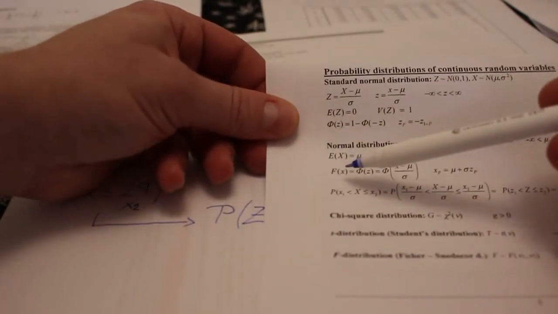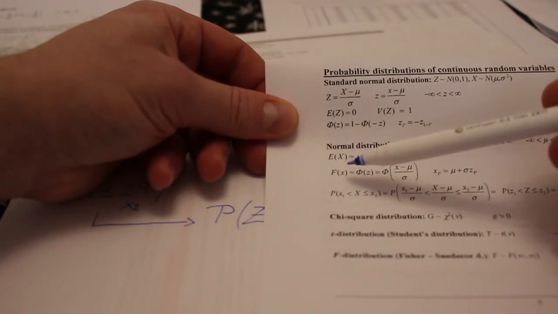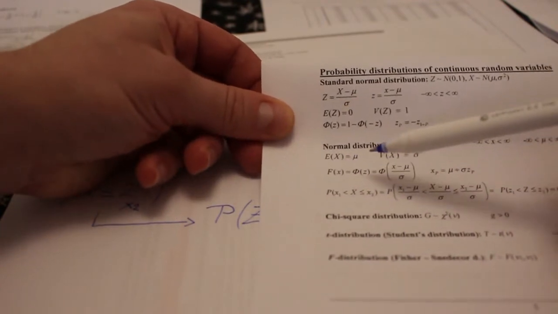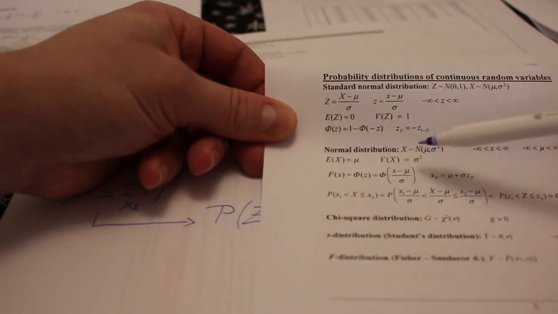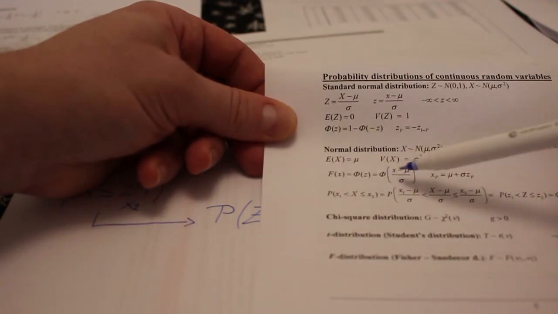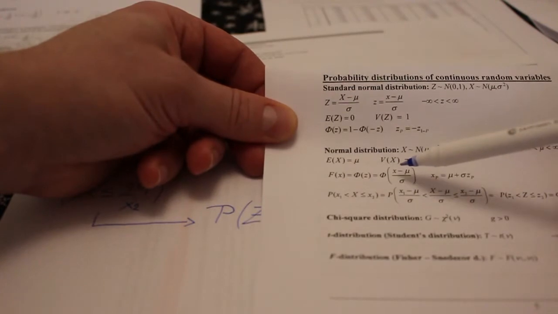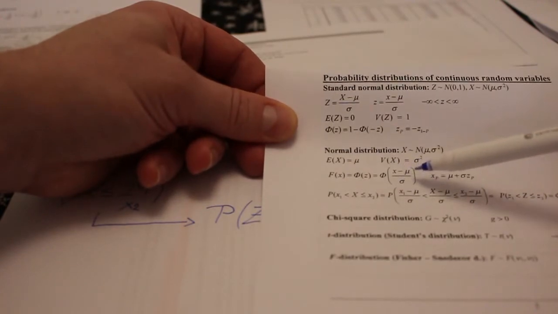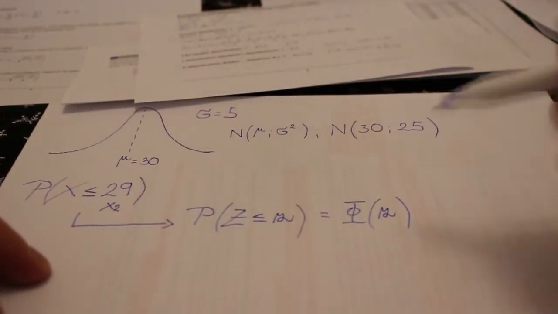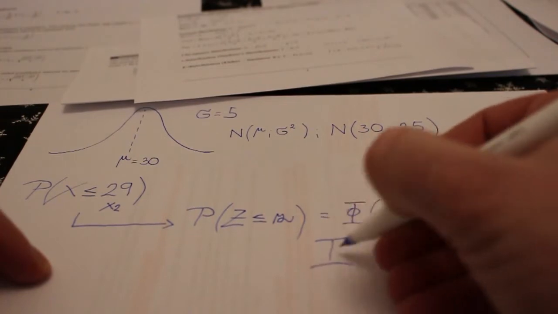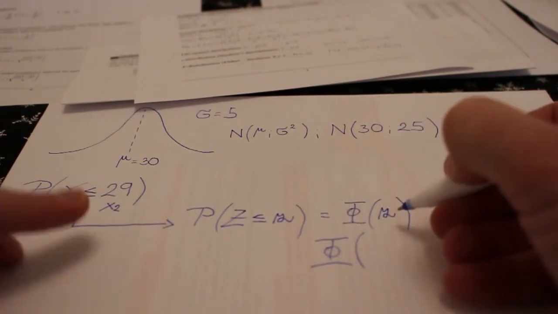Can you see this? Distribution function F in point x is equal to distribution function phi in point z, and this must be calculated like phi in point x minus mu divided by sigma. This is the standardization. So we will solve this phi in point x.